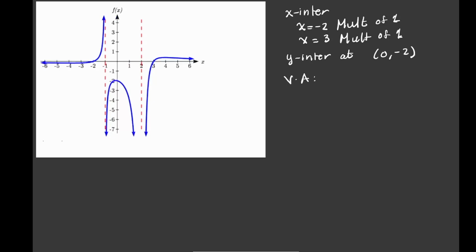Now I need to find my vertical asymptotes. The red lines right here are my vertical asymptotes at x equals -1 and at x equals 2. Now at x equals -1, notice that my graph around this vertical asymptote goes in opposite directions. Since they go opposite directions, I know that the power of this factor is going to be 1.